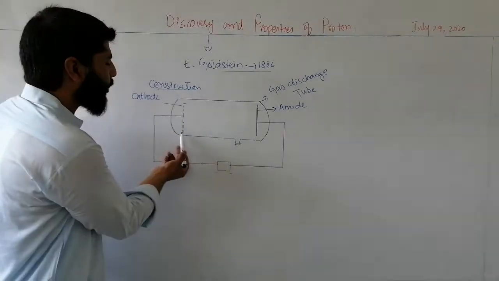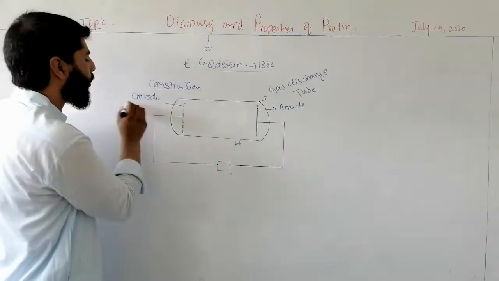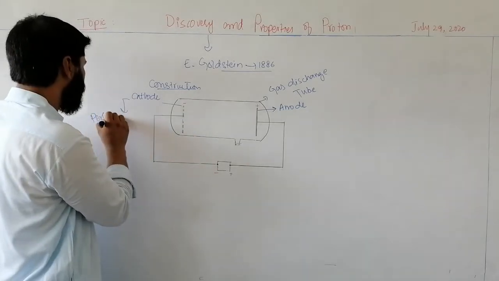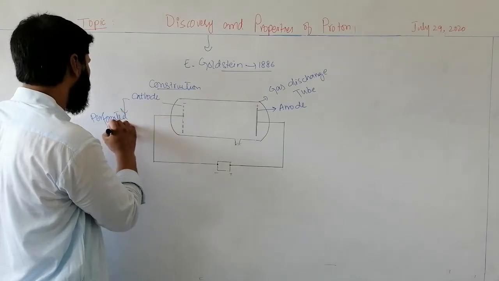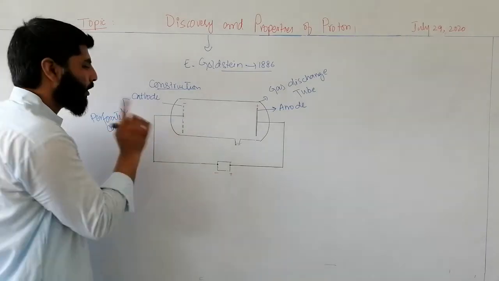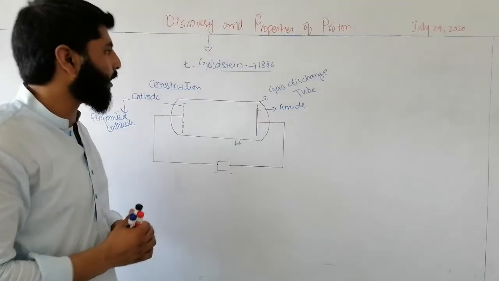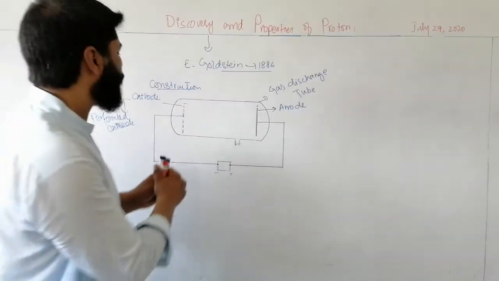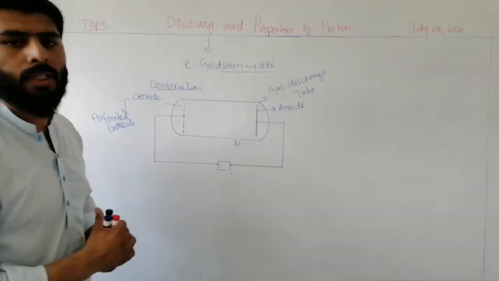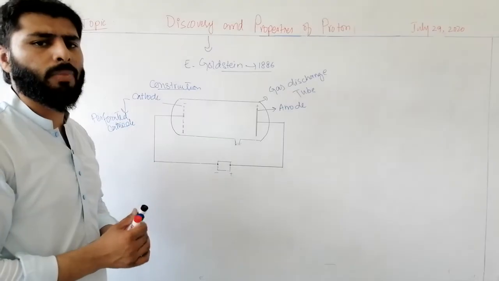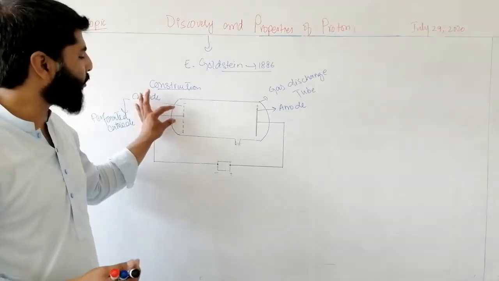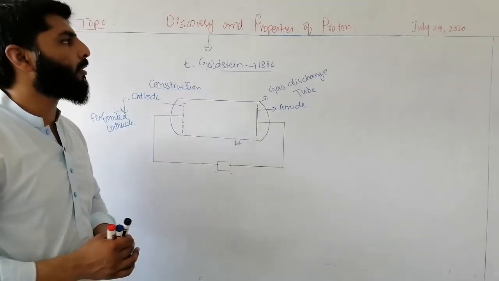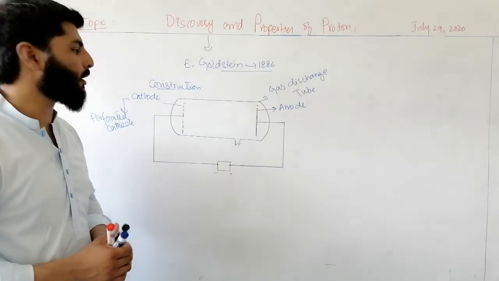He used the cathode with some holes or perforations, so we can say that it is a perforated cathode. In the discovery of electrons or cathode rays, a discharge tube was used with solid, compact electrodes, but he used a modified perforated cathode to discover the protons or positive rays.